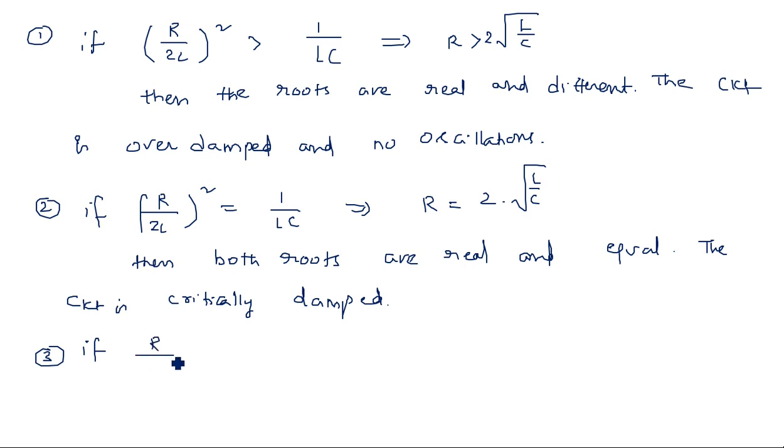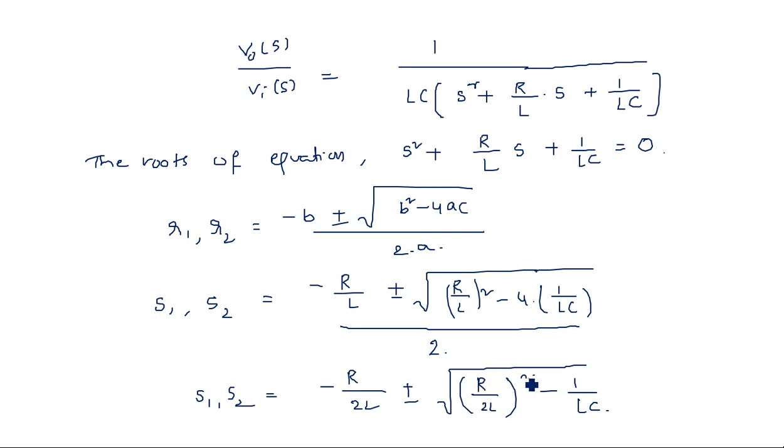And the third condition, (R by 2L) whole square is less than 1 by LC. Then R is less than 2 times square root of L by C. When this particular factor is less than the negative factor, under the root we have a negative value, so i comes in. That is nothing but imaginary.